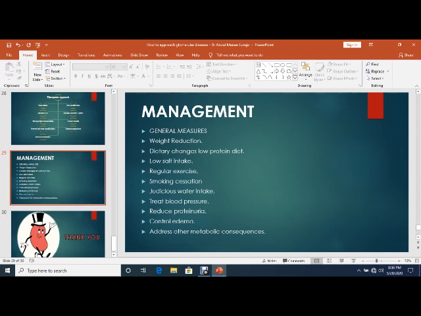Already discussed general measures regarding diet, weight, and low protein diet. The normal recommendation of protein is 1 gram per kilogram per day, but in nephrotic syndrome, these patients are losing proteins, so we should decrease the protein to 0.6 to 0.8 gram per kg per day plus add the urinary losses.